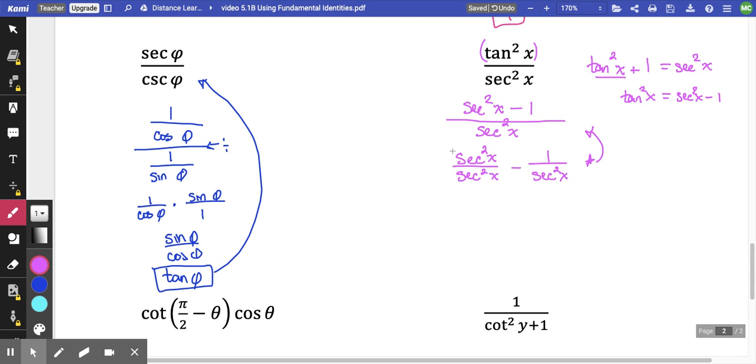All right, so now I can look at each of these fractions and see what I can do to simplify there. So secant squared of x over secant squared of x. Anything divided by itself, of course, is 1. And 1 over secant squared of x, well, 1 over secant is the same as cosine. So 1 over secant squared would just be the same as cosine squared.